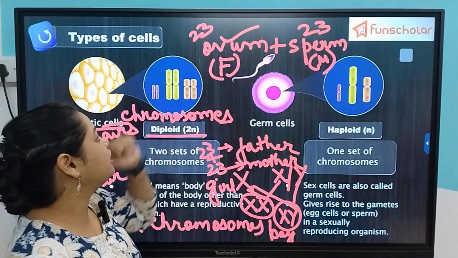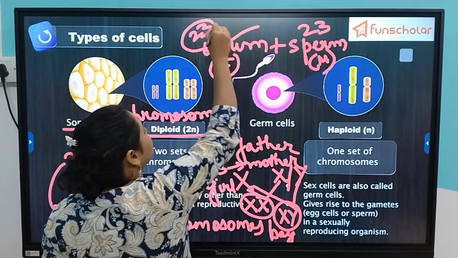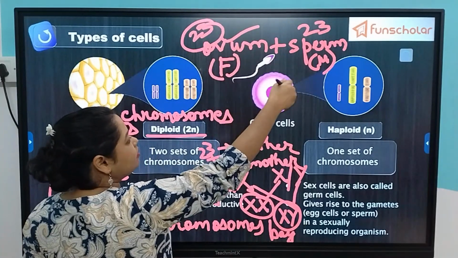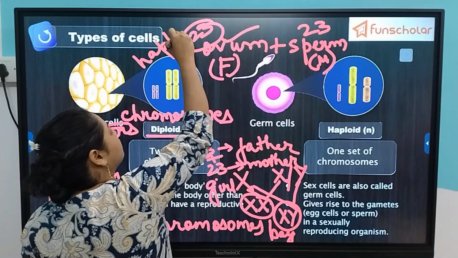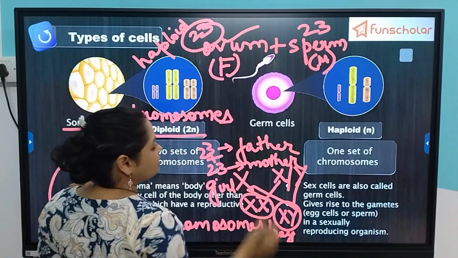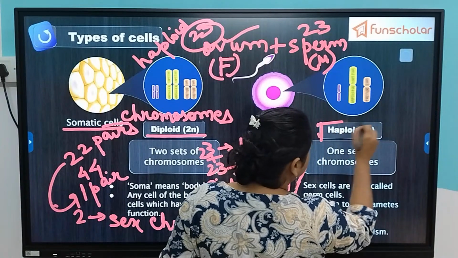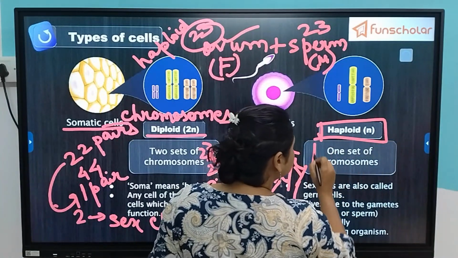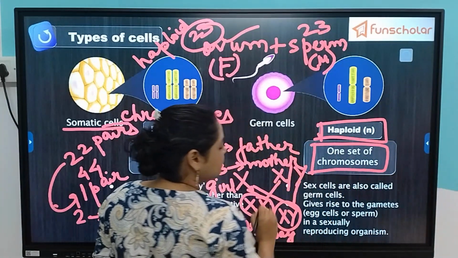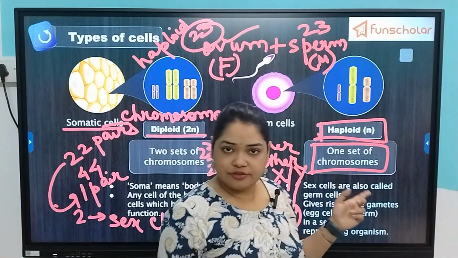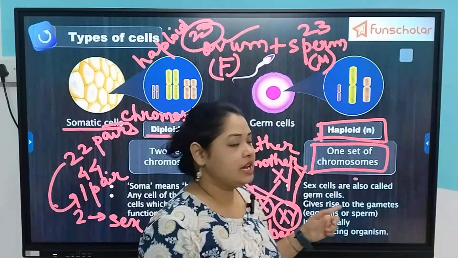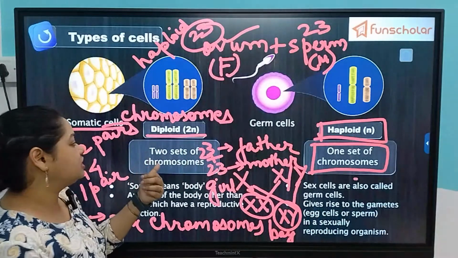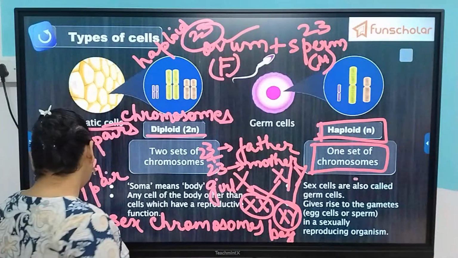So 23 chromosomes present in the female gamete or the male gamete is known as the haploid stage, that is, only one set. That means one set from the father and one set from the mother. One set consists of 23 chromosomes, and the diploid stage consists of 46 chromosomes.